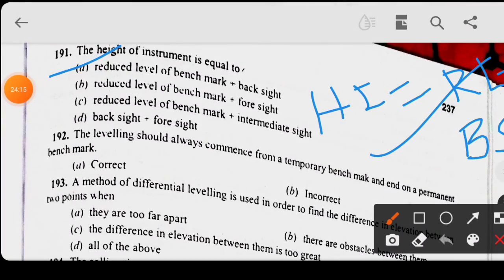After that, look, the leveling should always commence from a temporary benchmark and end on a permanent benchmark. It is incorrect.